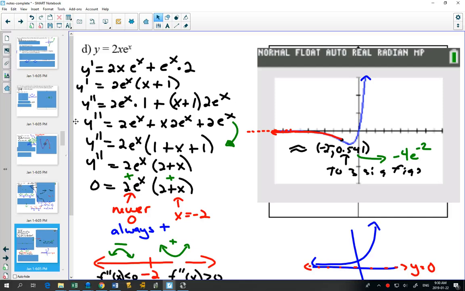This is the shape of this graph. It's an interesting graph because it has an asymptote, but your graph goes through your asymptote. It has a horizontal asymptote at y = 0.